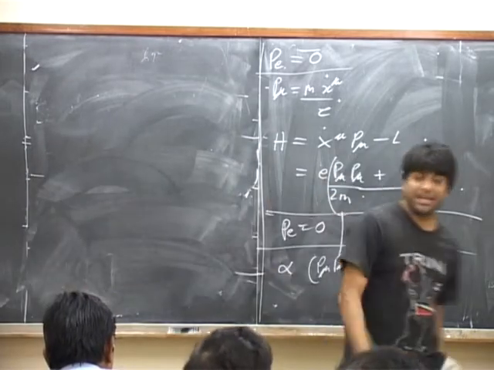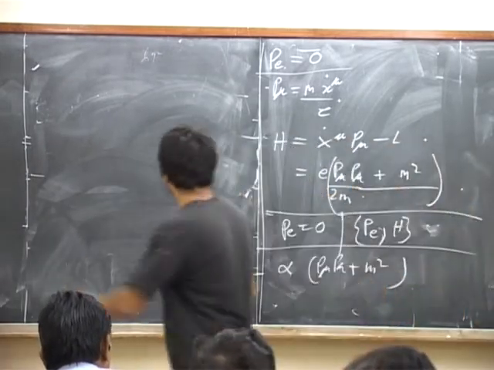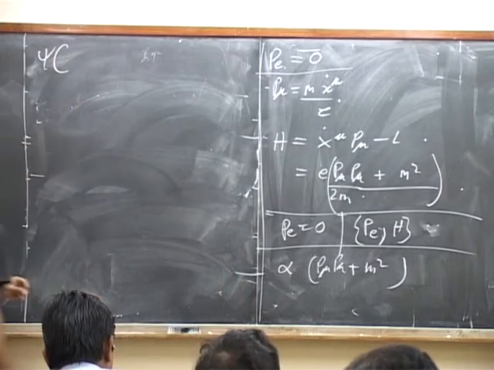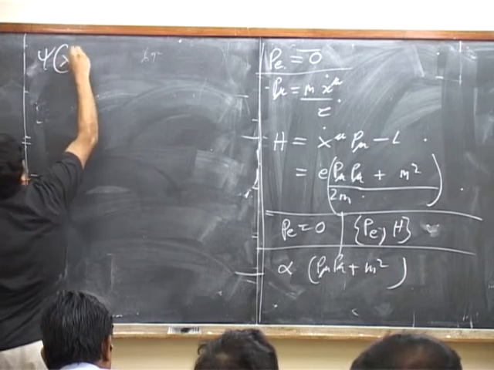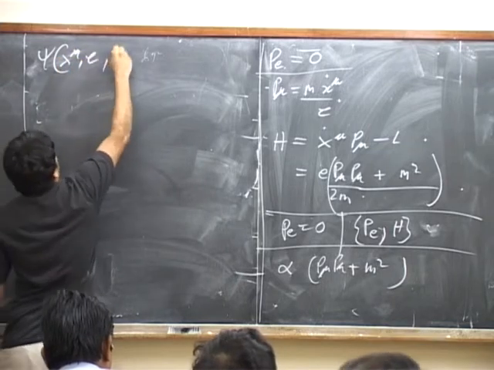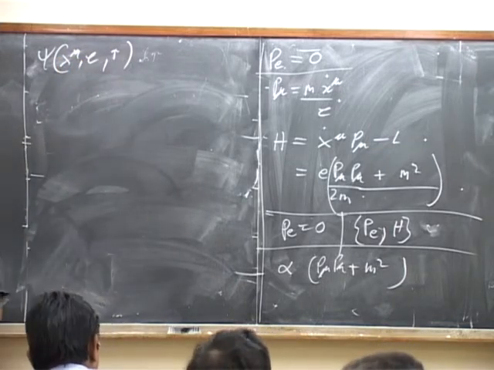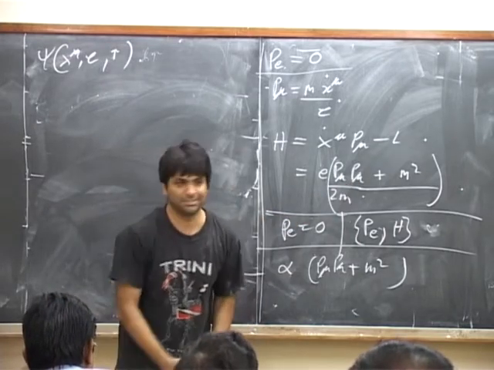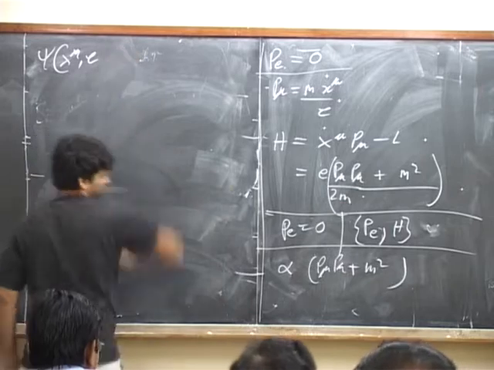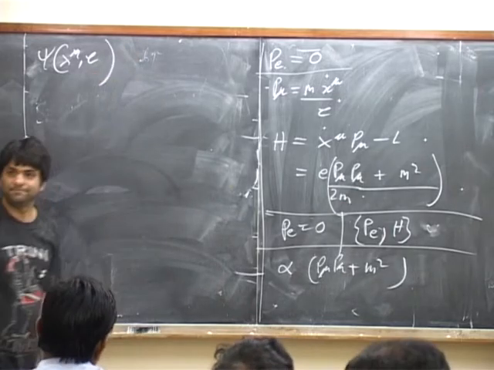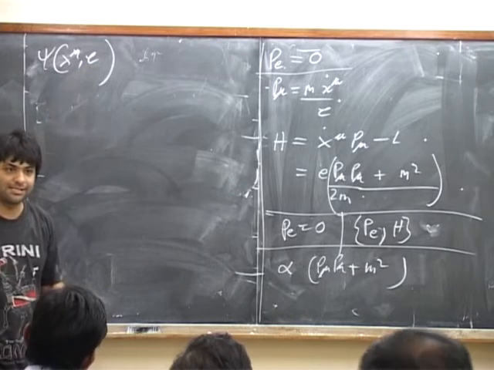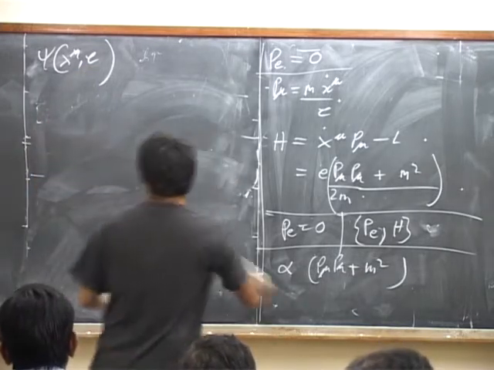Okay, now let's make our quantum mechanics for this system. States are functions of x_mu, e, and tau. However, once we impose the constraint, the Hamiltonian is 0. So states are not functions of tau. And once we impose the constraint, what's the constraint?